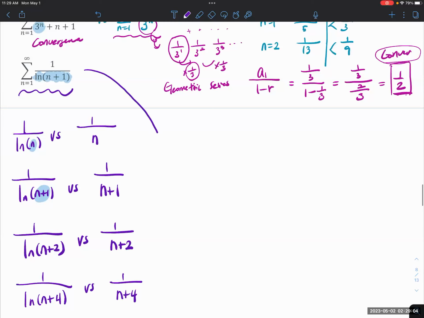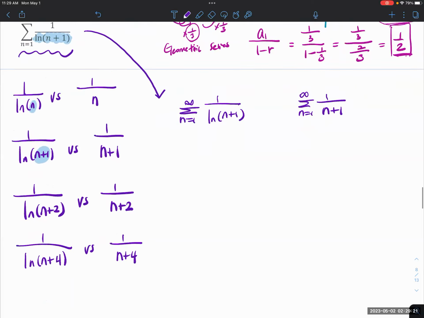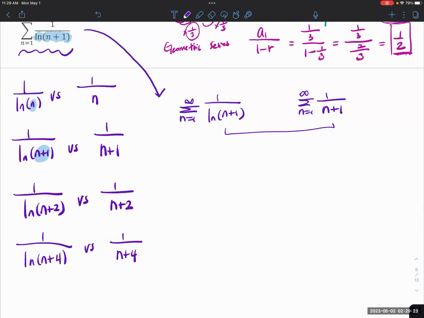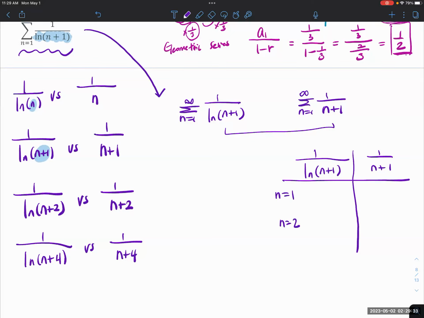So just keep in mind that rule. So we have this one, where we compare 1 over ln n plus 1 with the sum from n equals 1 to infinity of 1 over n plus 1. So I need to compare the size, which one is larger. Plugging in n equal to 1, n equal to 2, and so on.